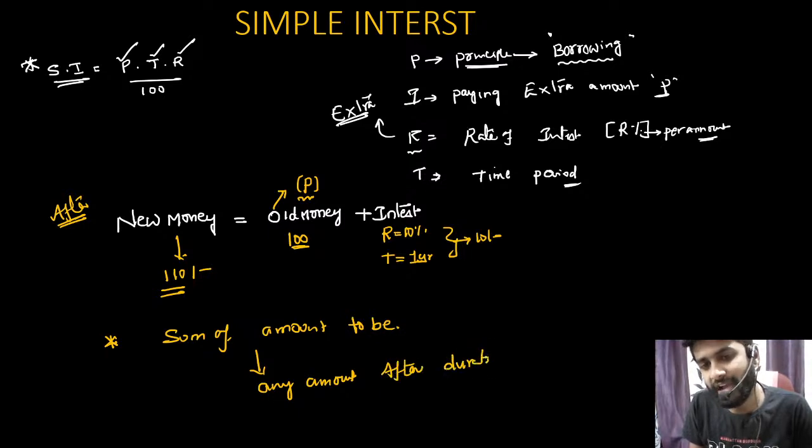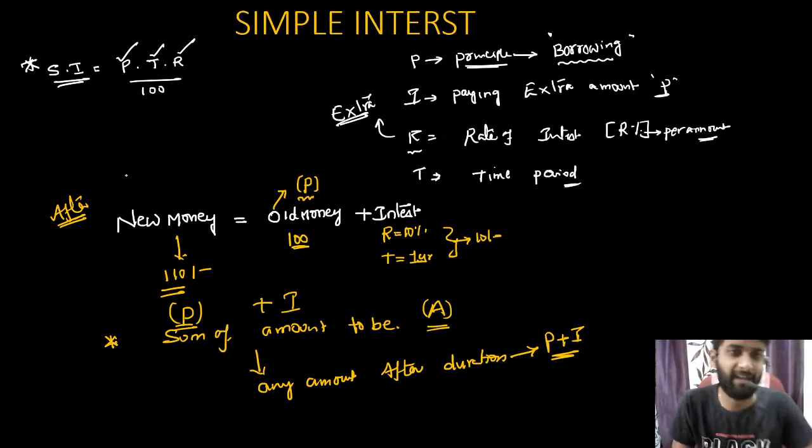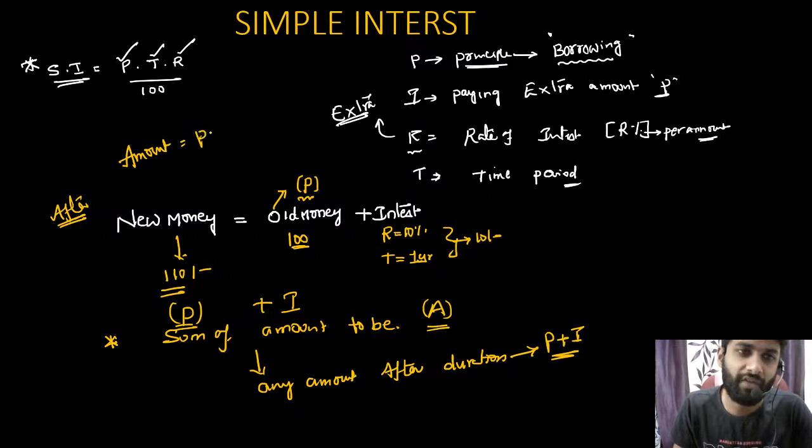Any amount we are getting after the duration includes both principal and interest. It means I deposited P rupees, and it is converted into a different alphabet, A. Now P can be converted into amount, which definitely is an addition of interest. That's why the amount value is a combination of principal plus interest.